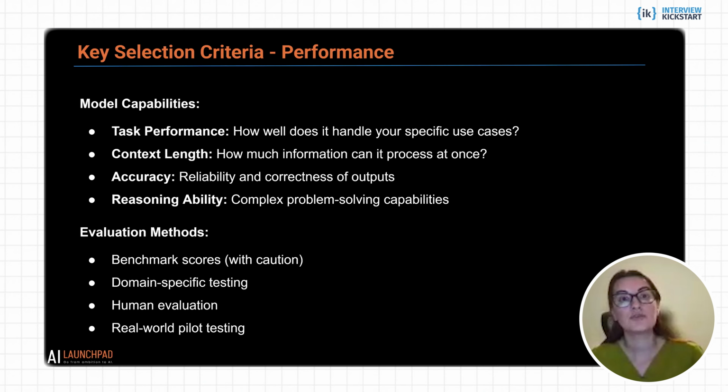You also want to look at how reliable and accurate the output of your model is, depending on your use case, whether you need reasoning capabilities or not. You need to evaluate what performance expectations you have. Something like PhD level mathematics versus an assistant bot are very different in terms of capabilities.